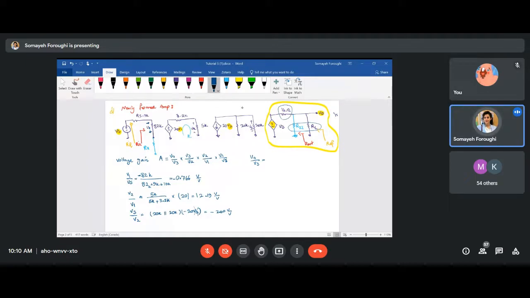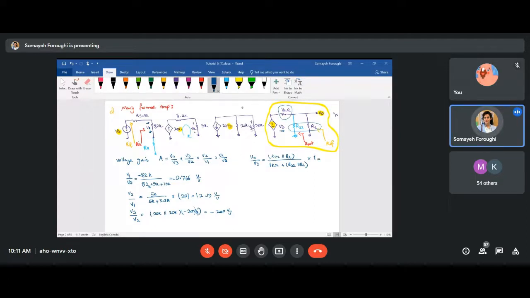So finally, I would say R22 parallel RL over that 1K plus R22 parallel with RL. RL, I think, is 1 kilo ohm. R22 we found is 100, and by the way, this is times that unity voltage. Unity voltage is 1.